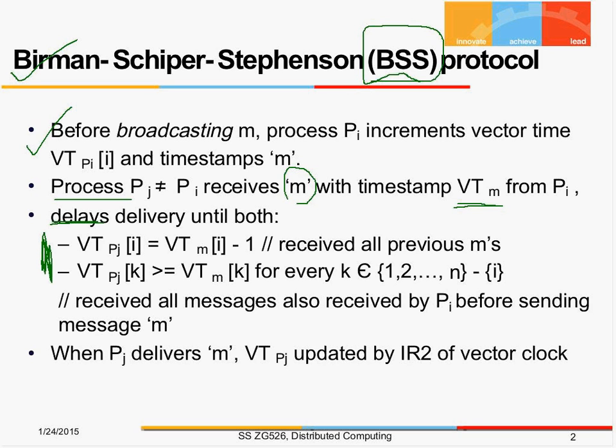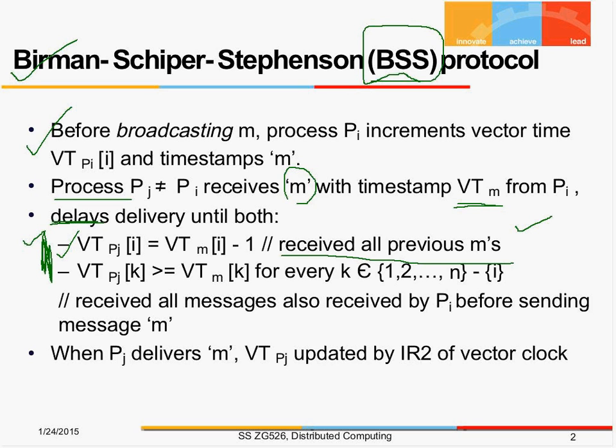The first condition says VTPj[i] equals VTM[i] minus 1. So VTM is nothing but the timestamp and VTPj is the vector clock of the receiving site. This particular rule is used here to ensure that a process which is receiving this message also has received all previous messages coming from the same process.